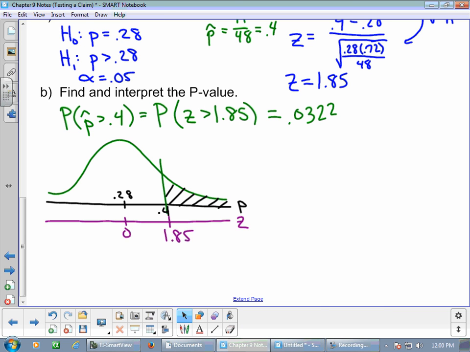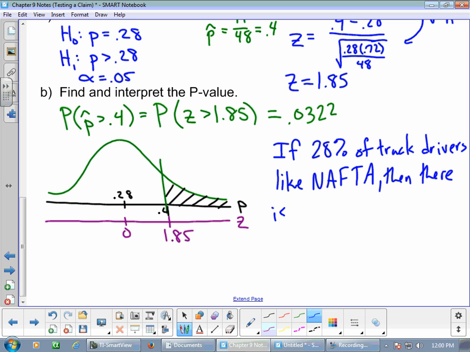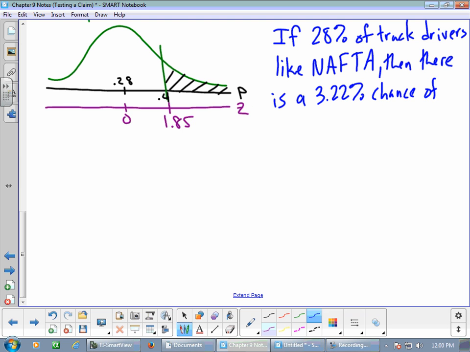All right, so find and interpret the p-value, and this is basically what Matt just said. It's based on the null being true. So if 28% of truck drivers like NAFTA, support NAFTA, however you want to say that, then there is a 3.22% chance of selecting a sample.